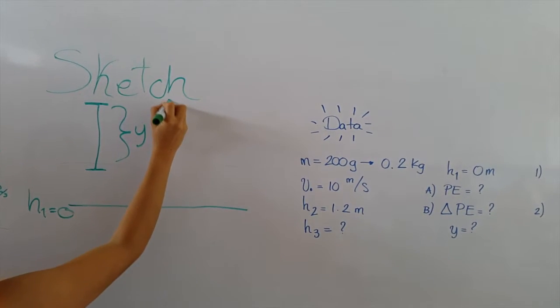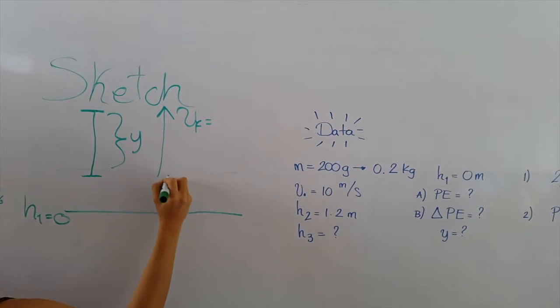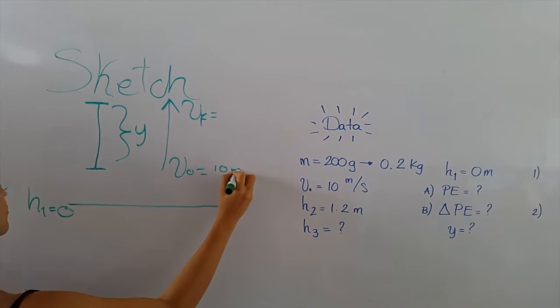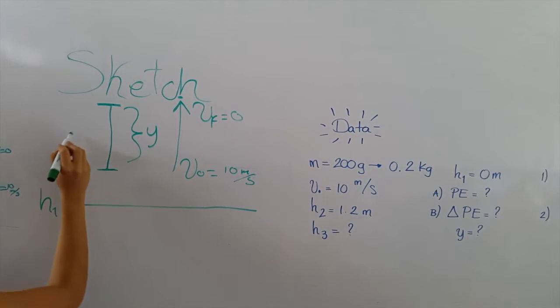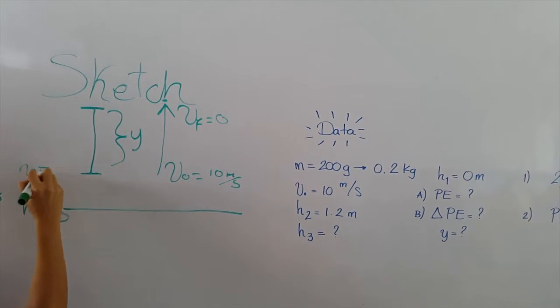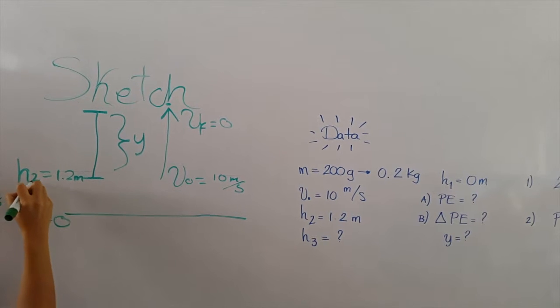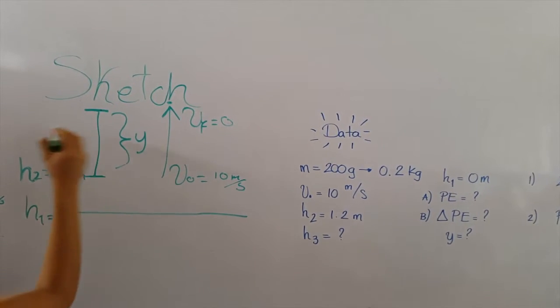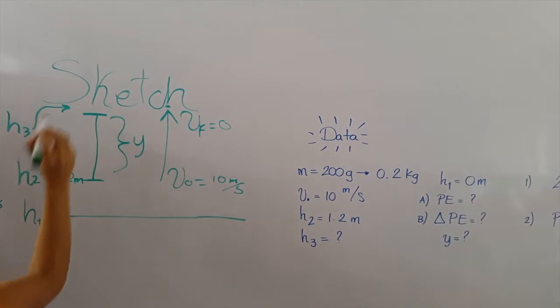We plug in that our final velocity is 0 and the initial velocity is 10 meters per second. It's 0 because at the top of any thrown object, the velocity will be 0. And then we plug in that our given height is 1.2 meters. And here's our third height, which is going to be the maximum height.